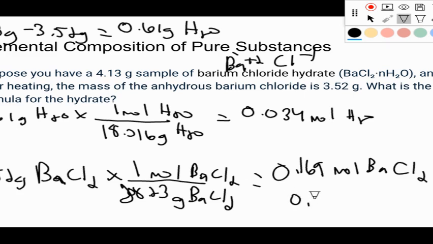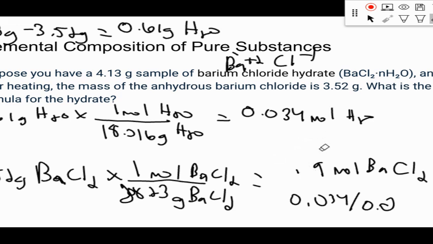So then if I do 0.034 divided by 0.0169, it comes out to a ratio of 2.